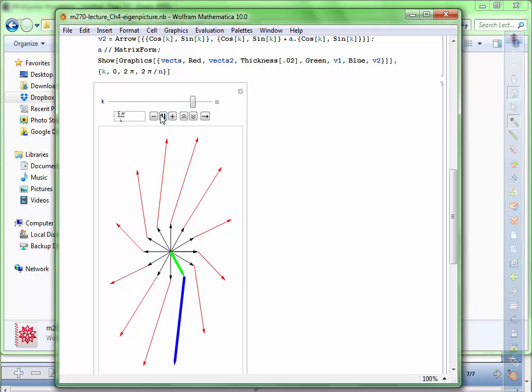Let's stop it somewhere where it's going in the same direction. At this point, for example, it's going in the same direction, but the original vector x in green is a little bit shorter than the blue vector, which is the matrix applied to that vector. So the eigenvalue for this would be a number bigger than 1, so that the green vector can look like the blue vector.